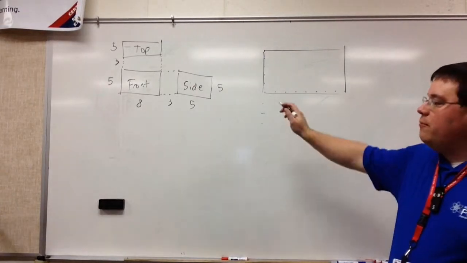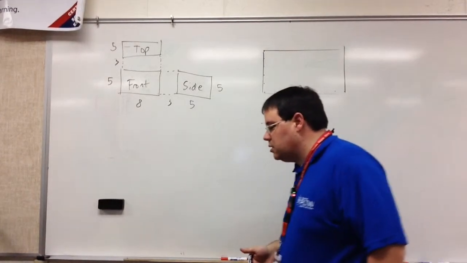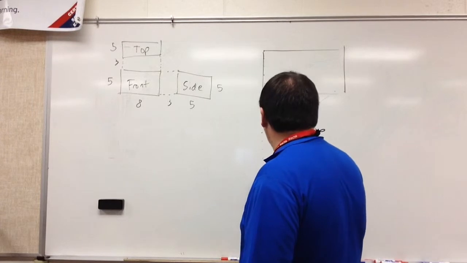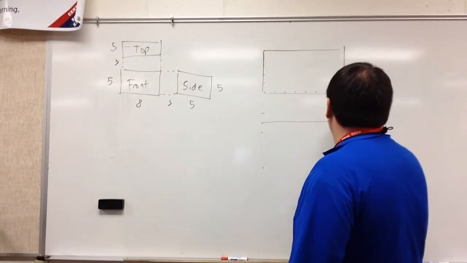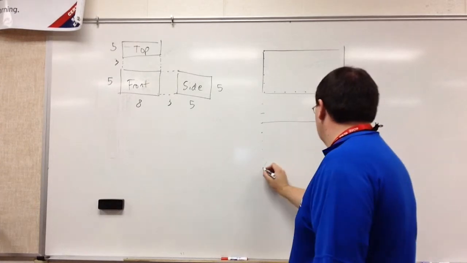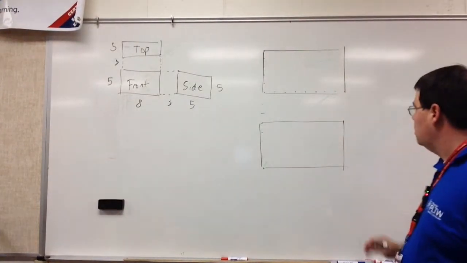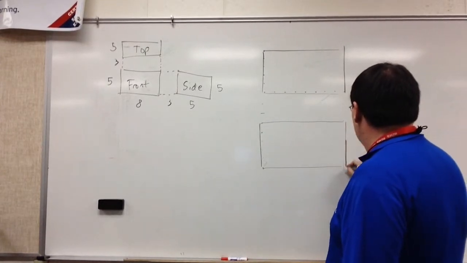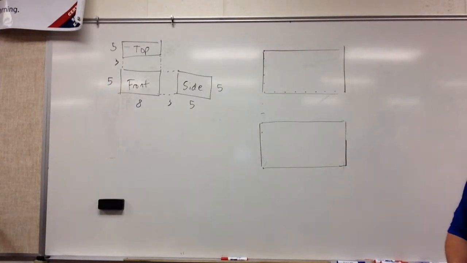Then again 5 by 8 for the front, because the height and the depth of this object is the same. I'm going to go down 1, 2, 3, 4, 5. And the width is going to be the same thing.